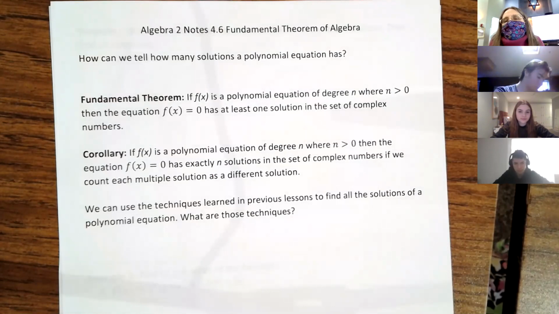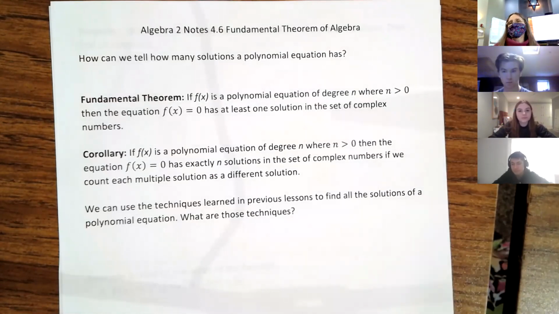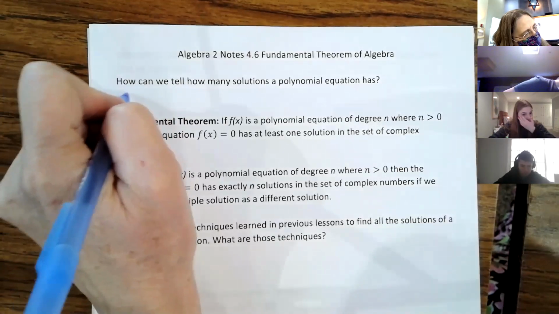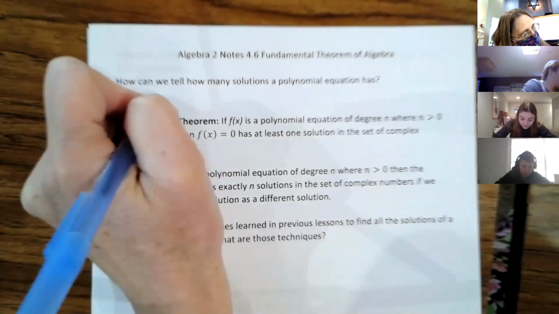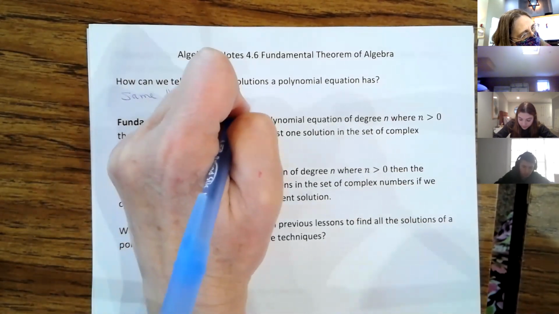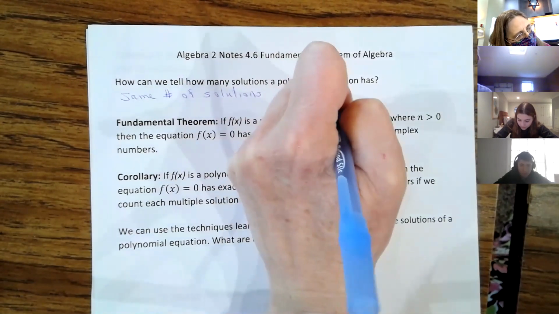If we open it up to the complex numbers for our solutions, a polynomial equation is going to have the same number of solutions as its degree.